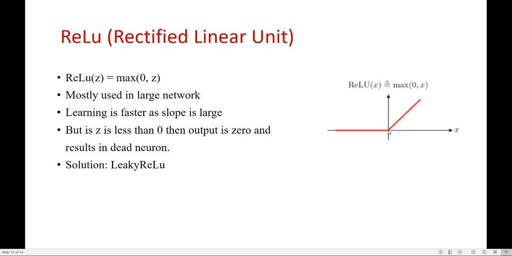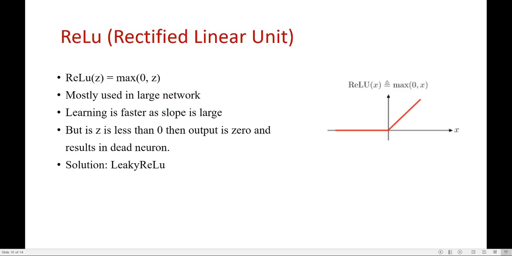But if the value of z is less than 0, then we take 0 as the output of the ReLu function. It is mostly used in large neural networks. Learning will be faster compared to sigmoid and tanh as the slope is large.